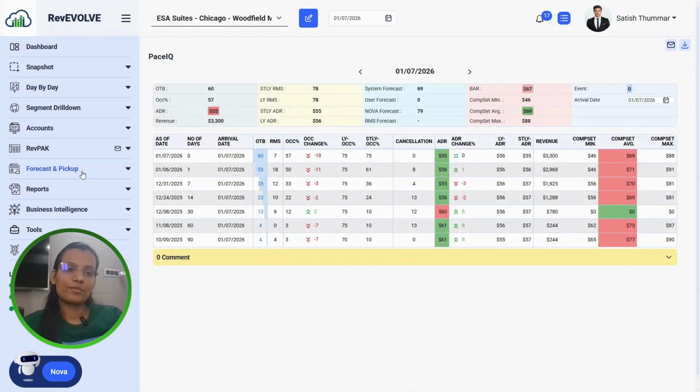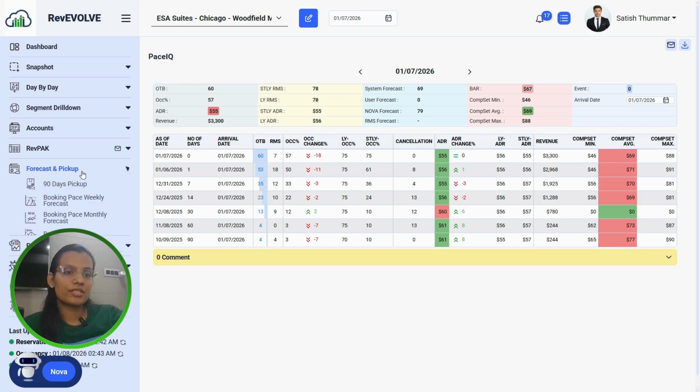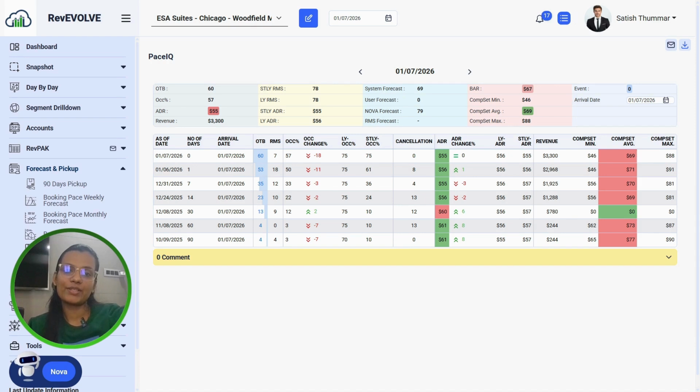So let's move towards PaceIQ. Here under focus and pickup, you will see PaceIQ. This is how PaceIQ looks. We have OTB, occupancy, ADR and revenue. Then we have STLY rooms, LY rooms with their ADRs. We have all our forecast over here.